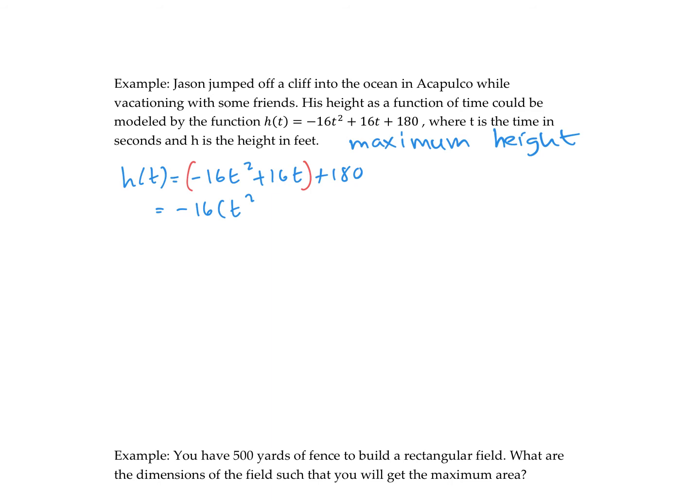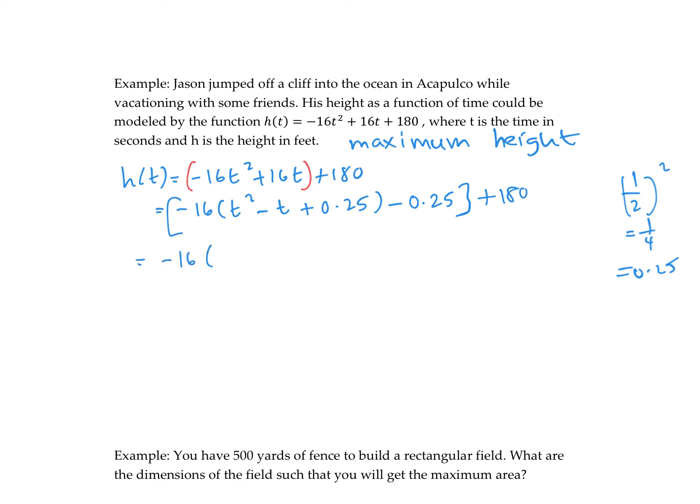16 divided by negative 16 is negative 1. We're going to take half of 1 and square it. So that's a quarter. You can use decimals if you want, especially if it's an application. So we're going to add 0.25. We're going to subtract 0.25 so we don't change the equation, and then we have 180.